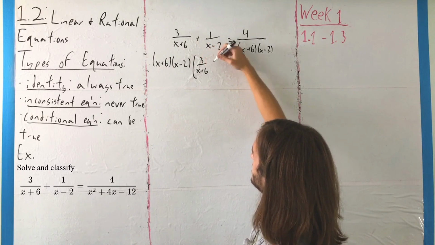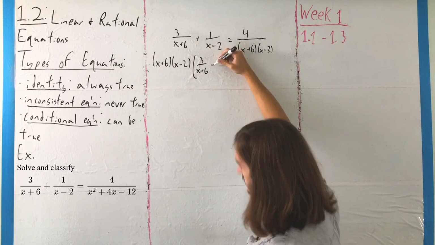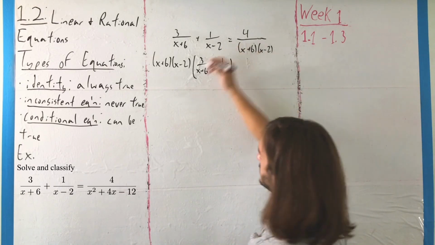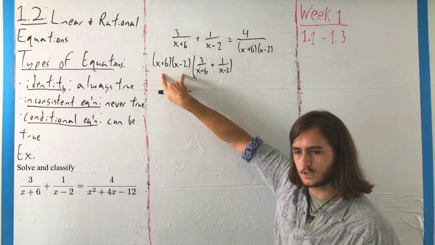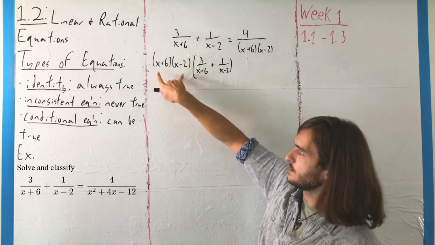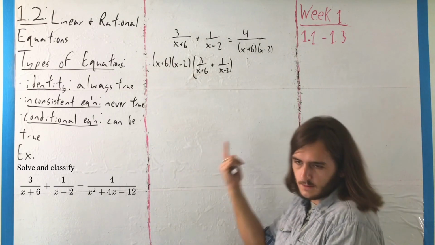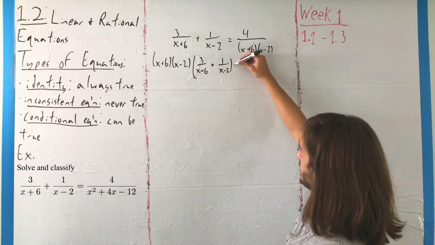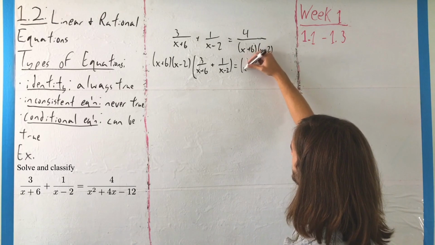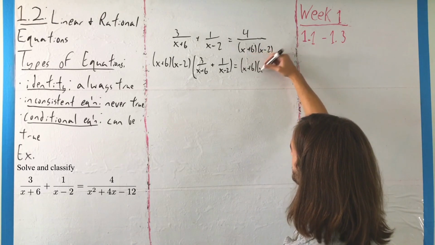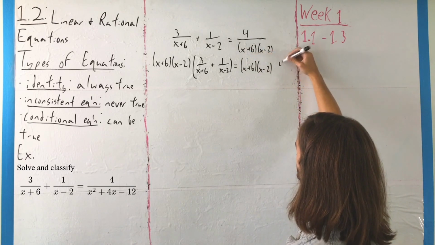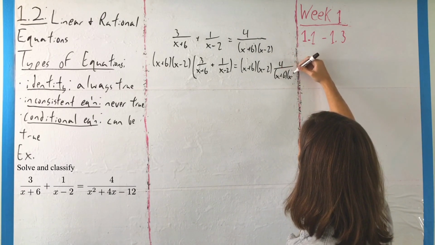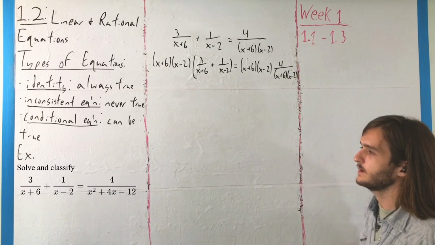Not going to be very pretty, but sometimes they aren't. Really remember that these things are kind of just acting like constants with a little bit more variability. If this was 5 and 6, it'd be 30, but it's not, so it's a little bit nastier. Well, on the other side, we'll have x plus 6, x minus 2, and all of that fun stuff.